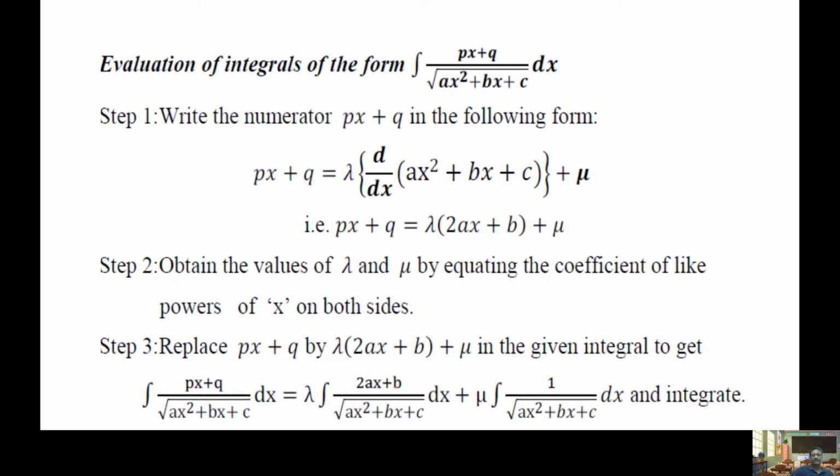So lambda into integral of (2ax + b) by root of (ax squared + bx + c) dx plus mu into dx by root of (ax squared + bx + c). So this is the other one, du by root u. What is du by root u? It is 2 root u. Here again you have to apply the method of completing the square.